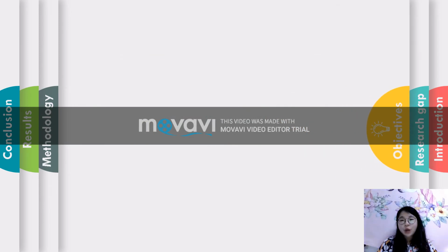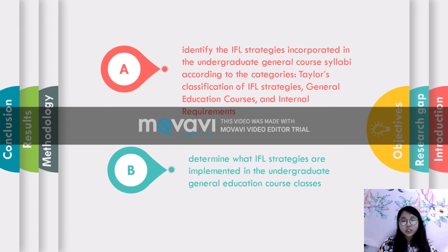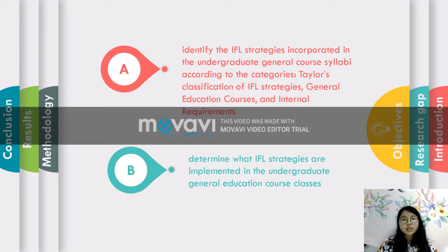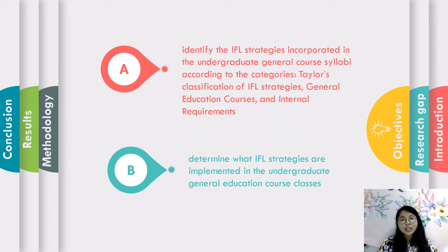So our objective is very simple but important. We have two. The first, define the IFL strategies incorporated in the undergraduate general course syllabus according to the categories of Taylor's classification of IFL strategies, general education courses, and internal requirements.